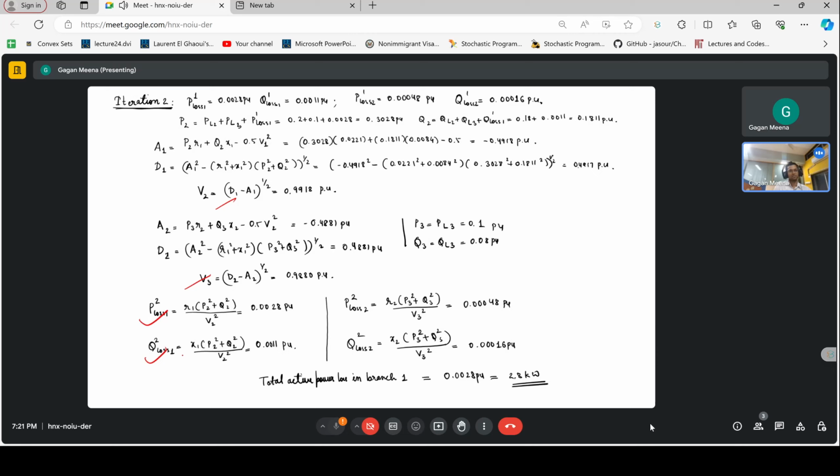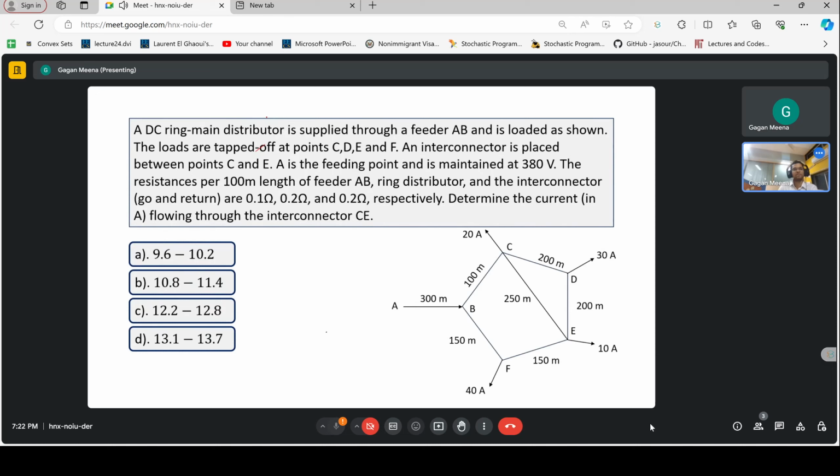Yes, next question. This is on ring mains in distribution system. The question is: a DC ring main distributor is supplied through a feeder AB and is loaded as shown.